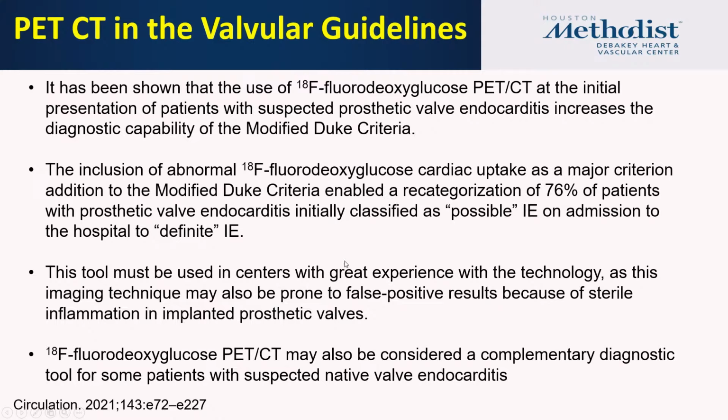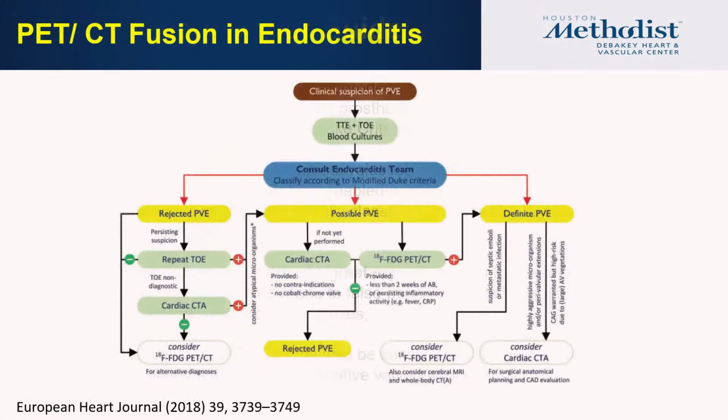But the guidelines appropriately said that this tool must be used in centers with great experience with the technology. Many things could potentially go wrong, so you have to have a robust protocol and experienced readers, because these techniques are prone to false positives, and we don't want to mislabel these patients. So they are primarily complementary diagnostic tools after you start with your echocardiography.